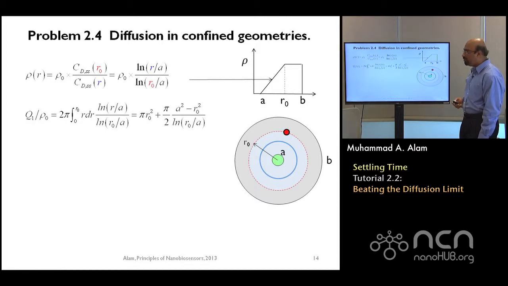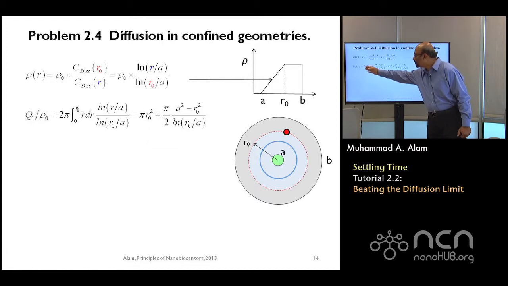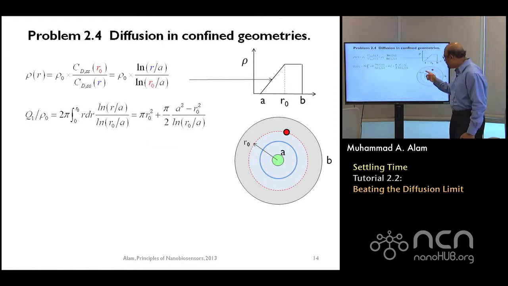And so what you have to do is essentially calculate how much charge you have between the green and the red circle. I know the amount of charge at a given location R, let's say in the blue.